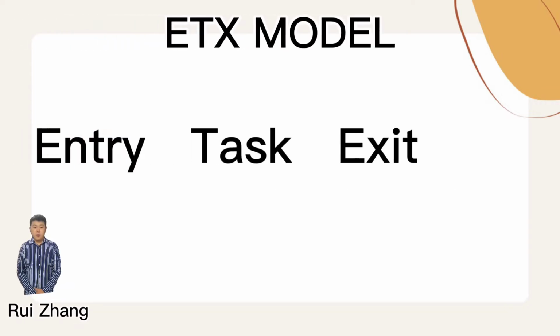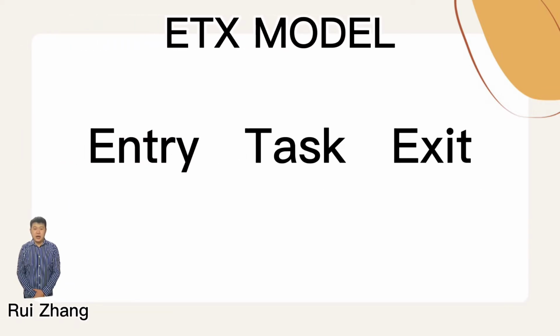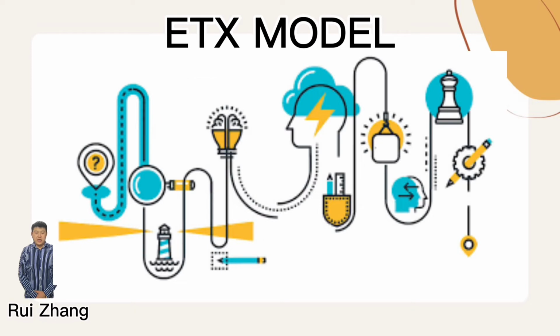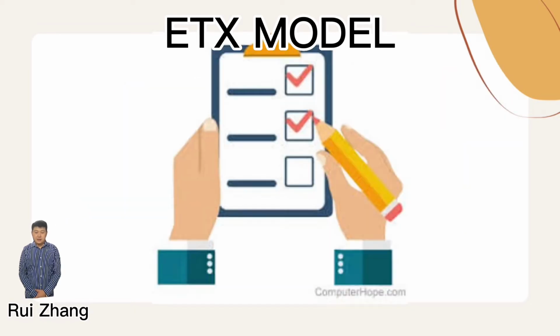The most popular model is ETX, as shown in figure 7.1. ETX stands for entry, task, and exit. The value adding process is called the task.